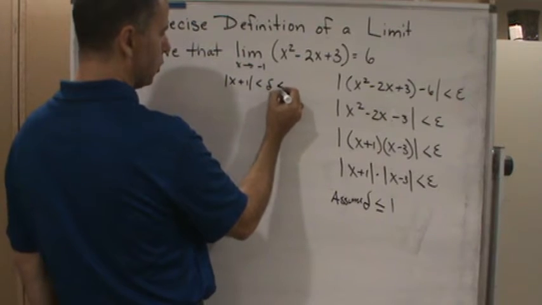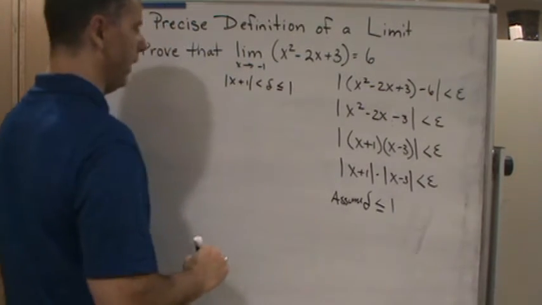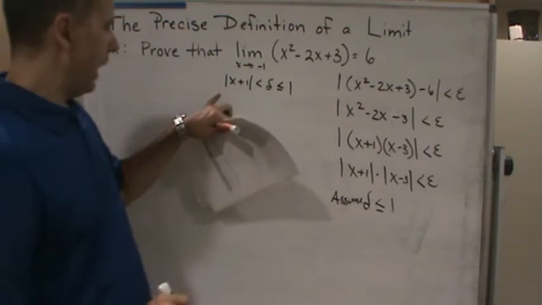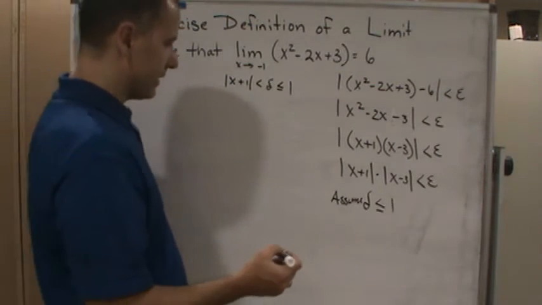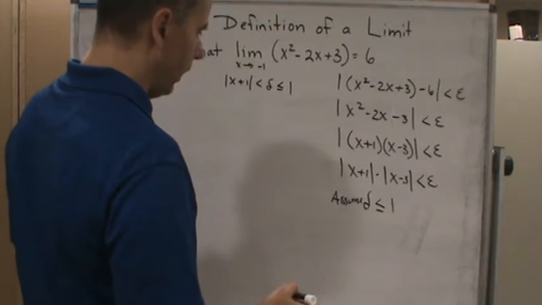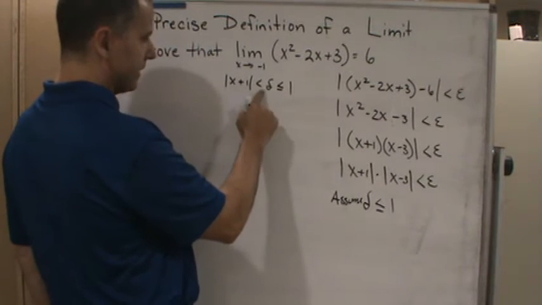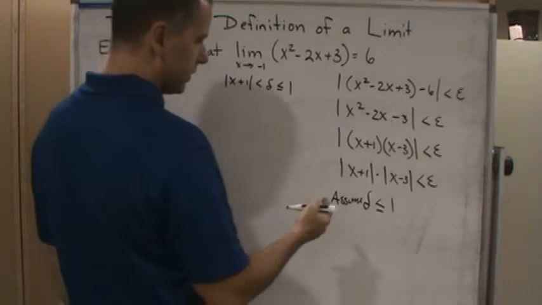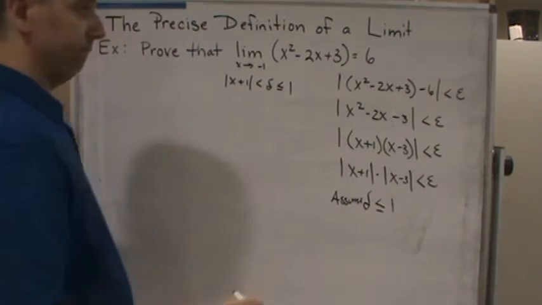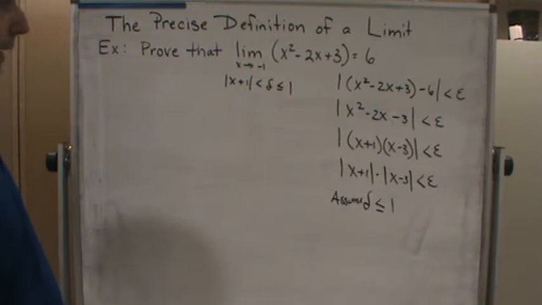And now we're assuming that delta is less than or equal to 1. So now, if this is true, then obviously, if the absolute value of x plus 1 is less than 1, then of course the absolute value of x minus 3 would be less than 5.